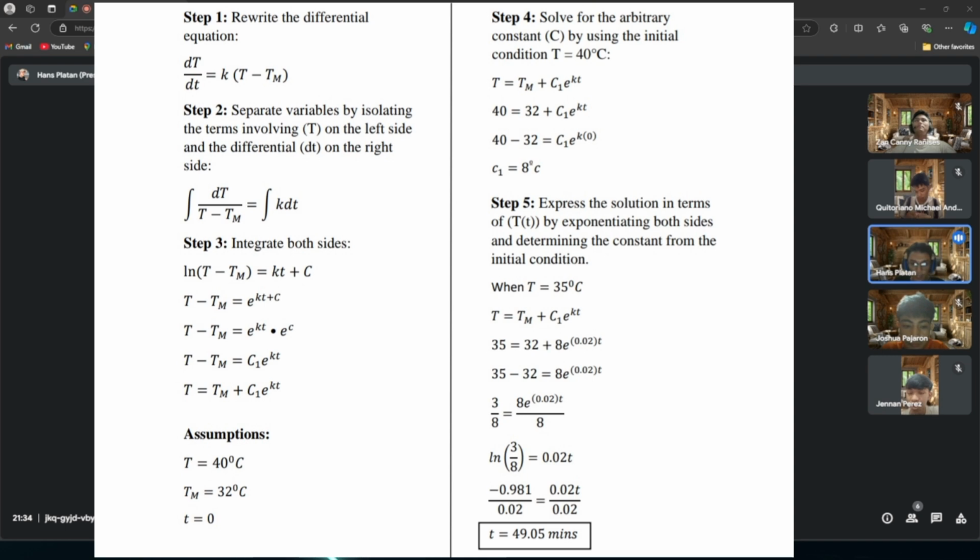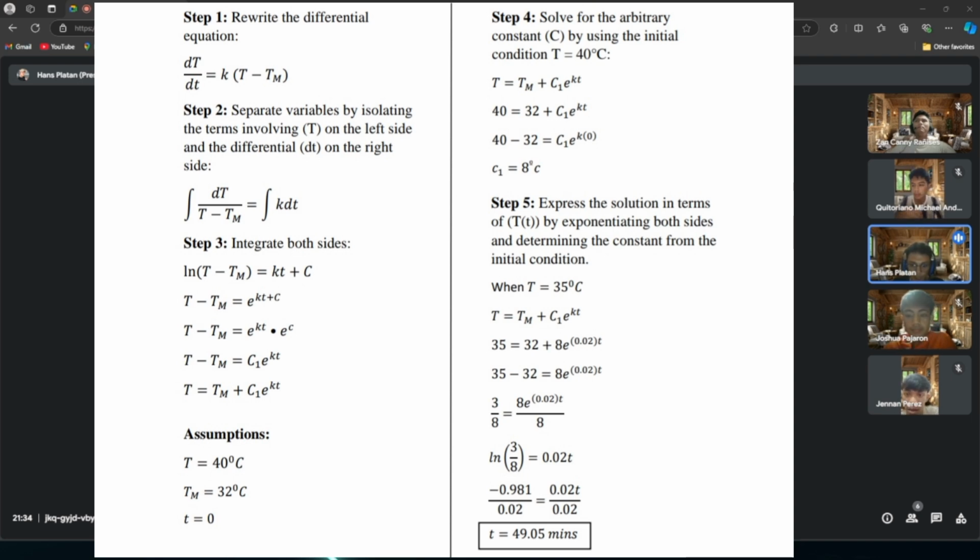So 35 as our temperature equals 32 as our ambient temperature plus 8 as our constant, and e raised to k, which is 0.02 per minute, times t. So we subtract 35 and 32, so it equals 3. Then we divide both sides by 8. So our new equation will be ln(3/8) equals 0.02 t.